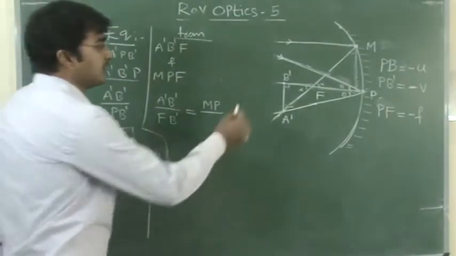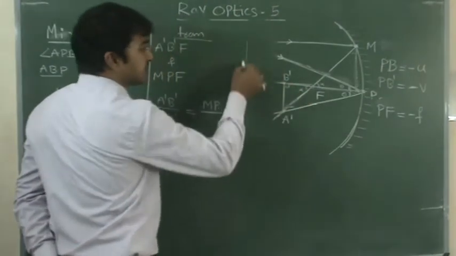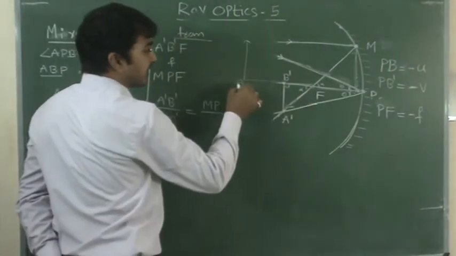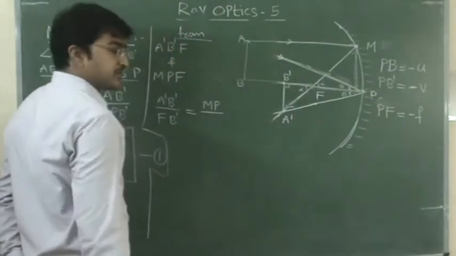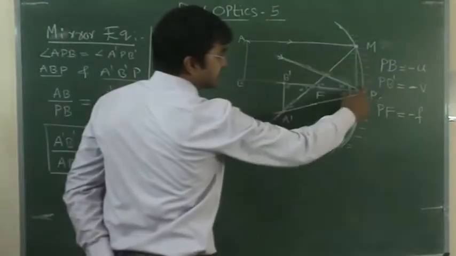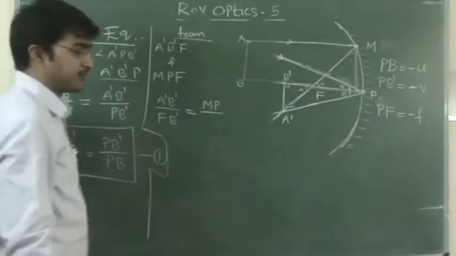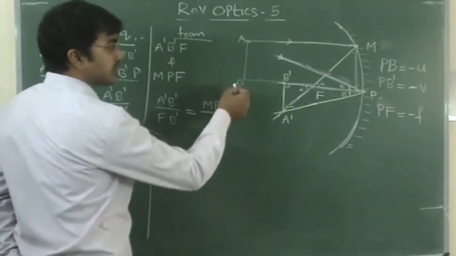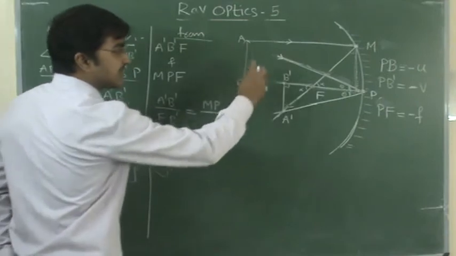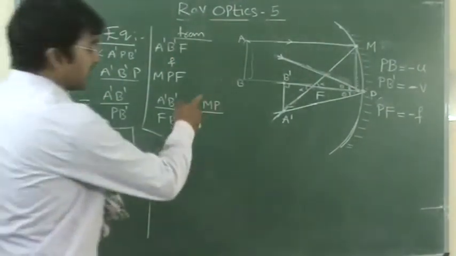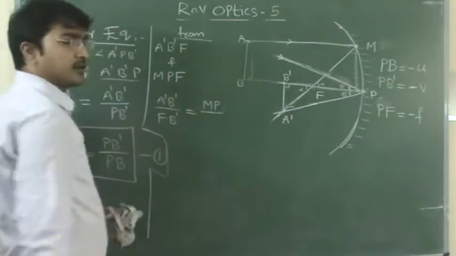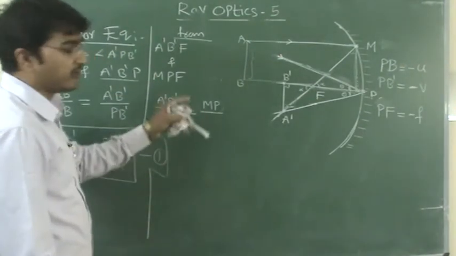And see here, MP is nothing but what you are taking as an object, right? The ray is moving from the object, so the MP distance and AB distance are the same. Remember it, because we are removing MP and instead of MP we are writing AB.